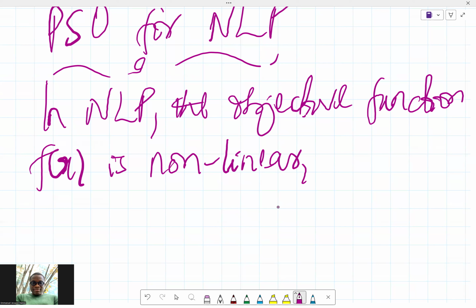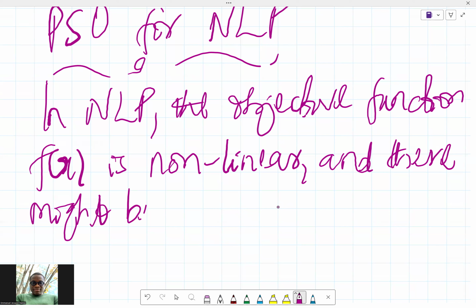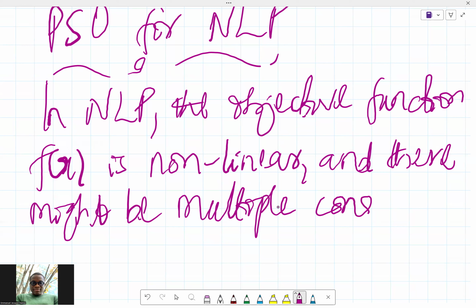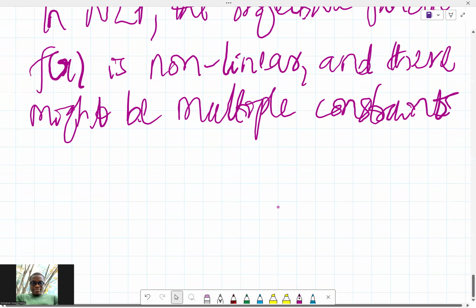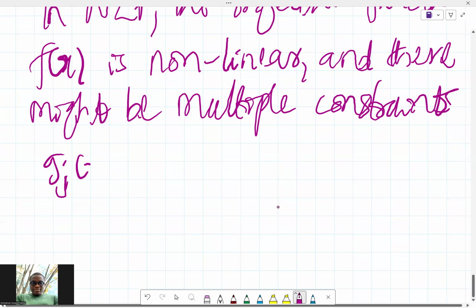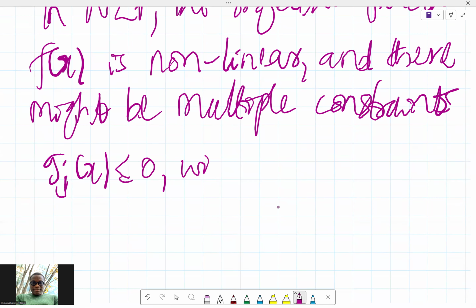And there might be multiple constraints like g_j(x) less than or equal to 0, an inequality, with j equals 1 all the way to m.